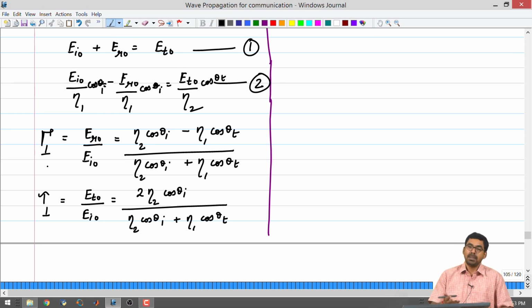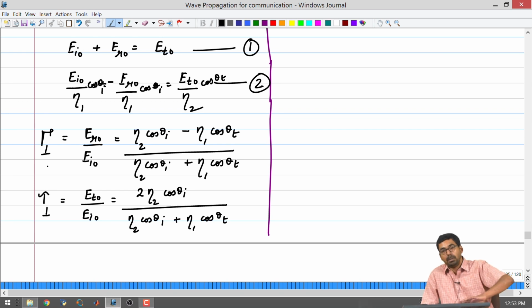The same thing we have to do for the other polarization case also, and then we will see what condition corresponds to what, and give unique names to each of these conditions. Some of these could be total reflection, or Brewster's angle, something like that. So right now we have just done it for perpendicular polarization.